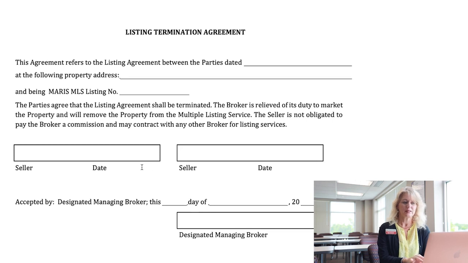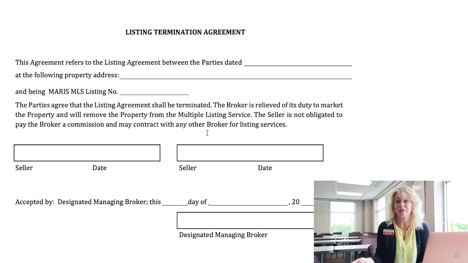In this agreement, the seller is not obligated to pay the broker a commission and may contract with any other broker for listing services. So if you recall, in the commission paragraph in the listing agreement, there is that little blank that we talked about filling in, and I had said you could put in 30 or 60 or 90 days.